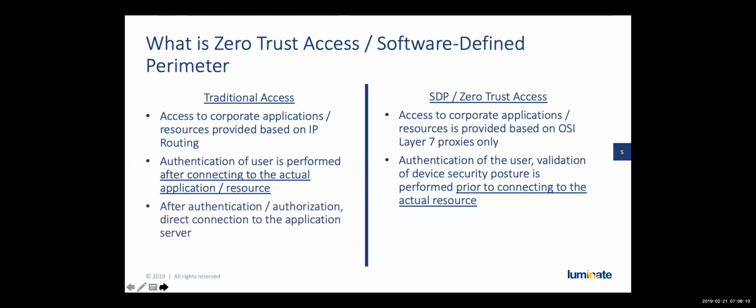And the third most fundamental difference is that in traditional access, after I have been authenticated and authorized, I gain a direct connection to whatever it is I'm working with, be it a database, file system, SSH into some Linux machine, RDP into Windows machine, etc. The ability to audit and control what I'm doing during that connection becomes a sole responsibility of that application that I'm connecting to.